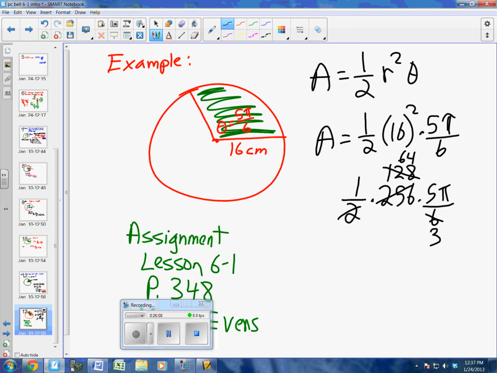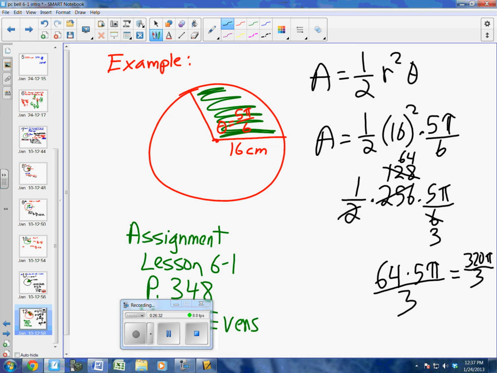And yeah, you can, because sometimes it's nice to know the answer in radians. What's 64 times 5, you guys? Someone tell me really quickly. 320? 320 pi over 3.